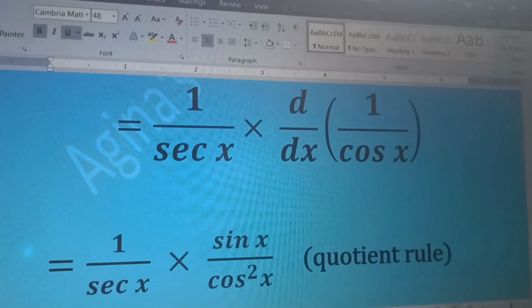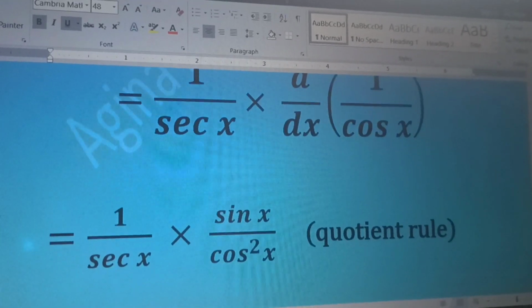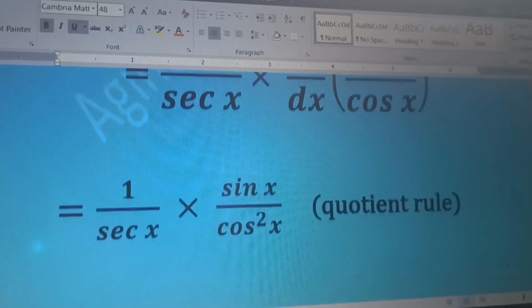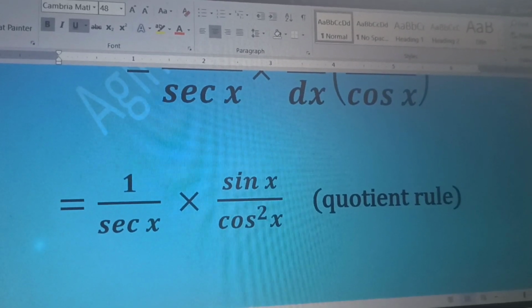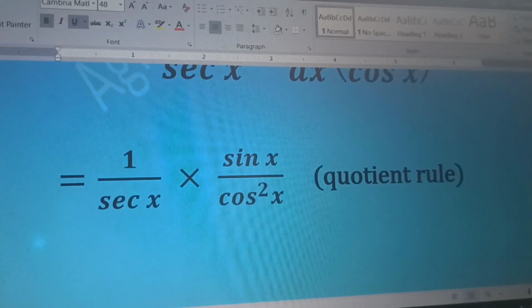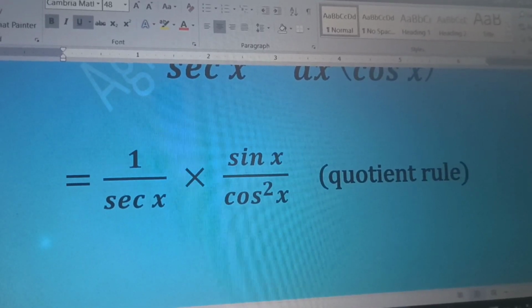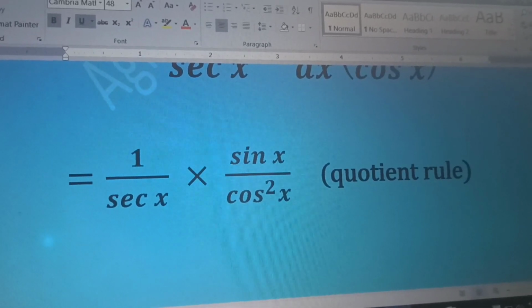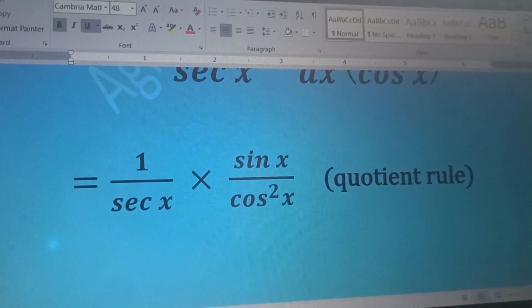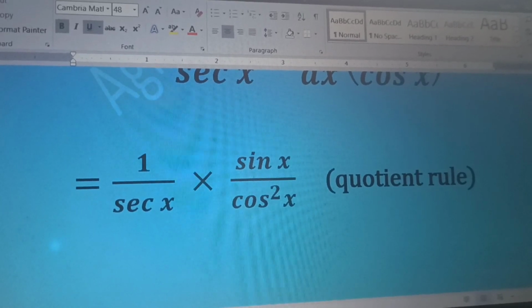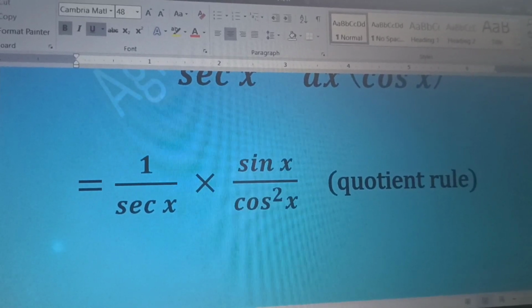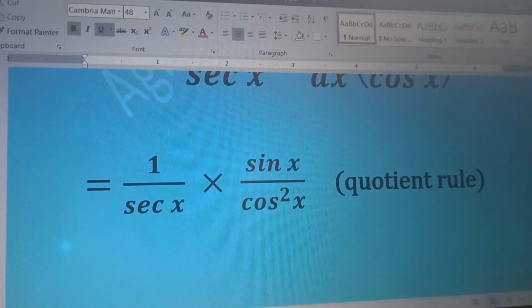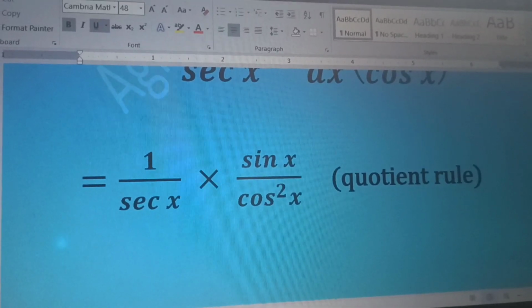So we are going to differentiate 1 over cos x using the quotient rule. I'm sure you can recall the quotient rule. We already made a video on the quotient rule. In case you don't remember it, you can watch that video. I'm going to put the link to the video in the description so that you can watch it and refresh your memory.